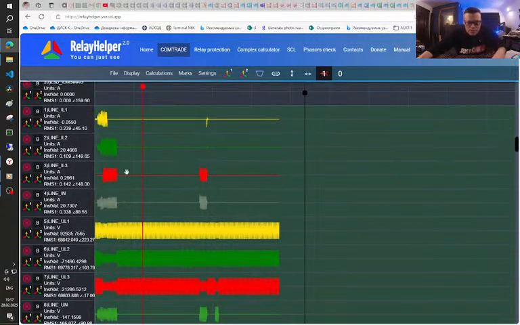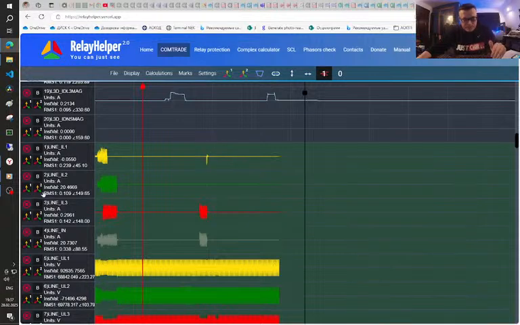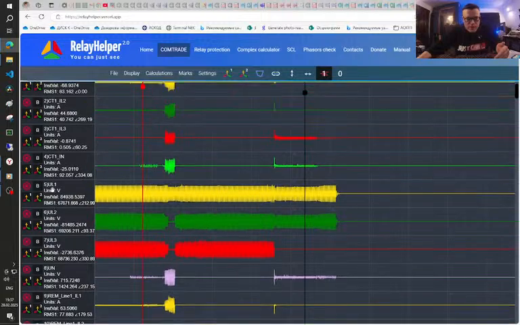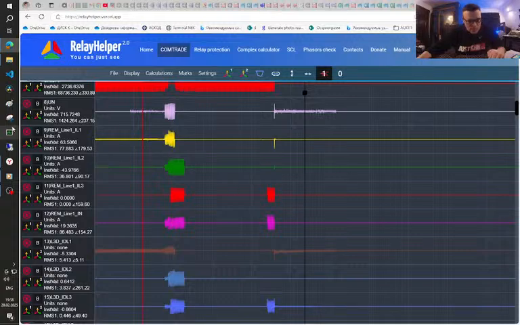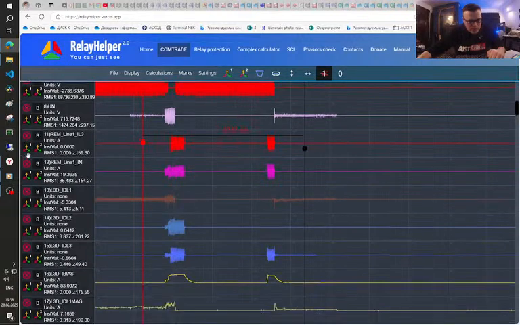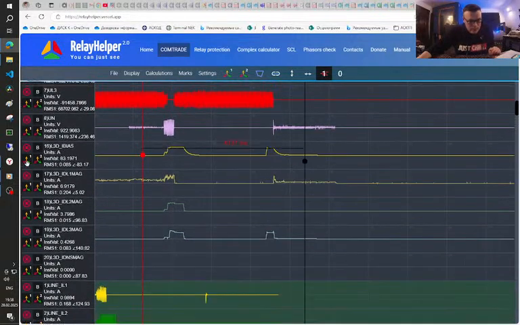With a green background color, a record from a different ID, this is how I can tell one from the other. So on the bottom we will have a record from substation A. On the top we have a record from substation B, and I hide all unnecessary channels so that we don't have a messy workflow.